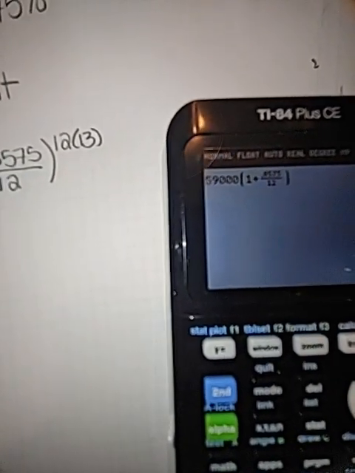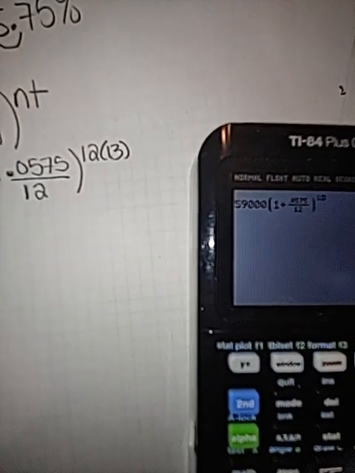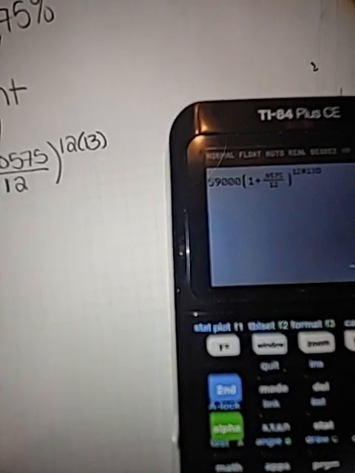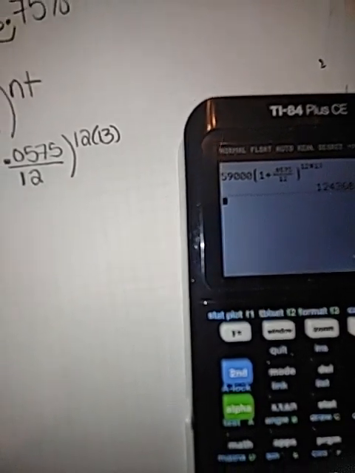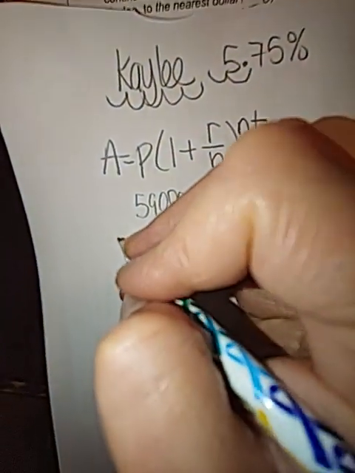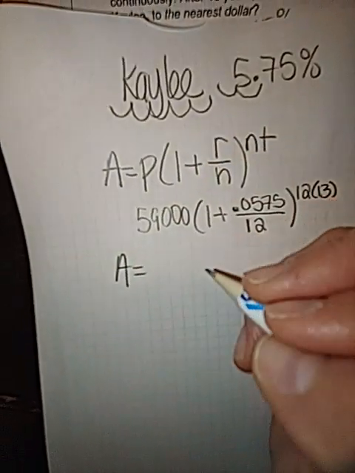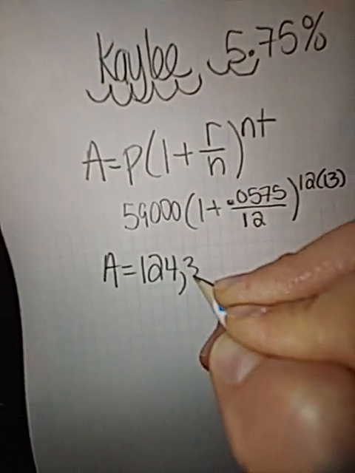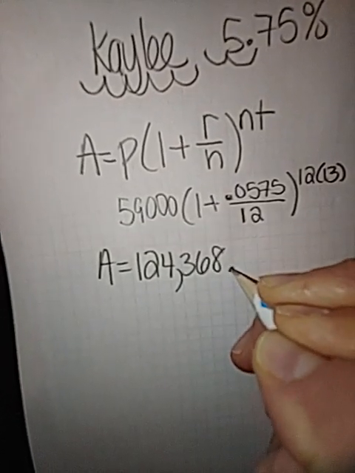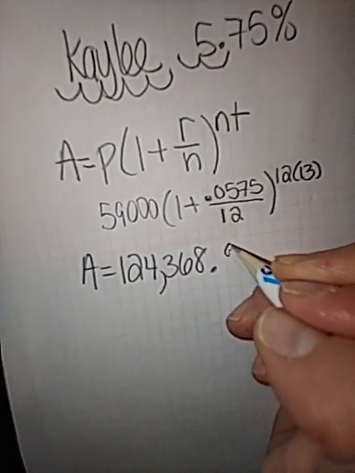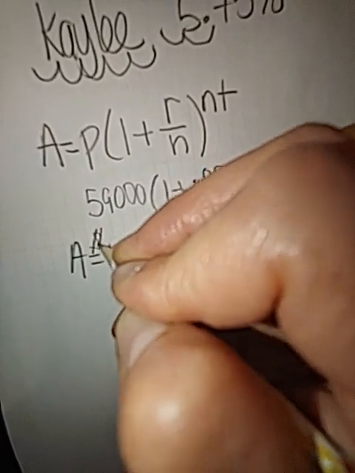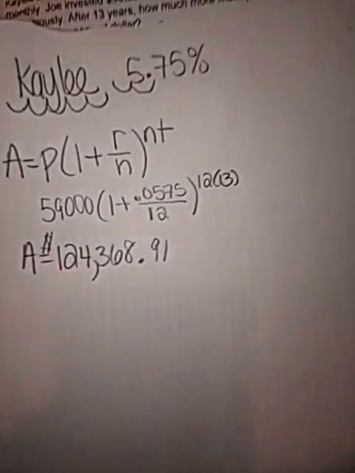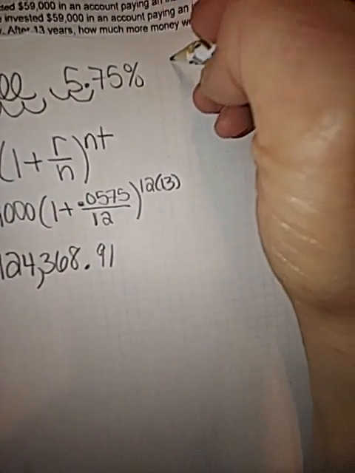Close the parenthesis, caret, raised to the 12 times 13. Okay, so Kaylee has $124,368.91. All right, let's check out what happens with Joe.